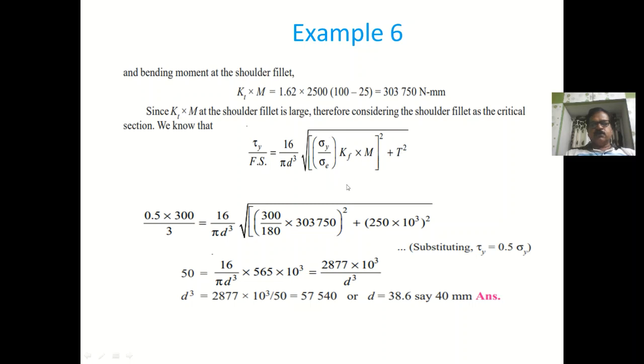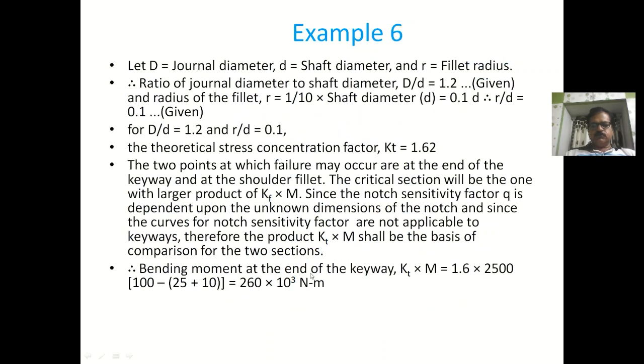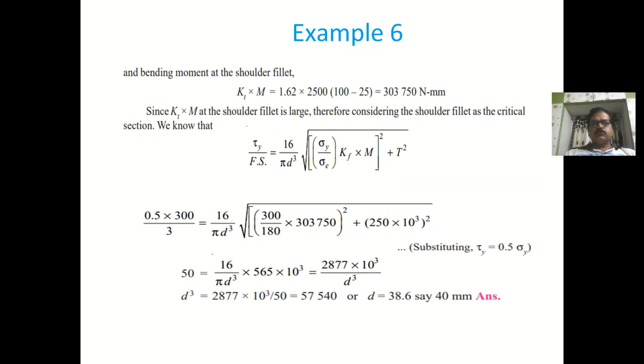So this is the normal stress factor, and this is the torsional shear stress factor, 16 by pi d cube into this, where sigma y is 300 and sigma e is 180, and Kf into M you can see here is 303,750, and the second one is tau.